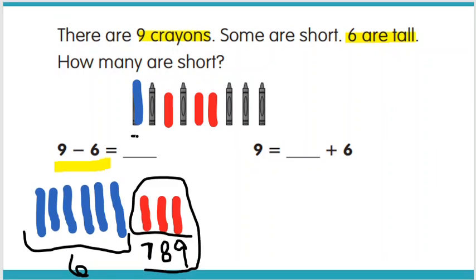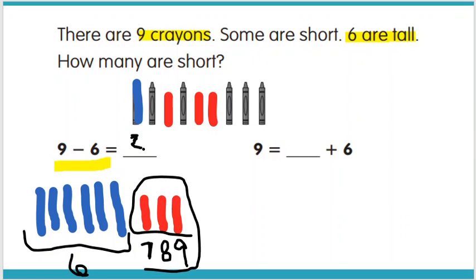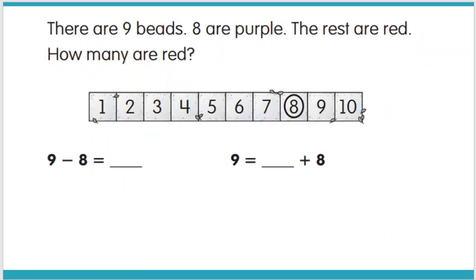So 9 minus 6 equals, there we go, 3. Not a very nice 3, but you can see that it is a 3 there. And we know that addition is the opposite operation, so I know that 3 plus 6 equals 9, or 6 plus 3 equals 9. So that's the opposite operation.